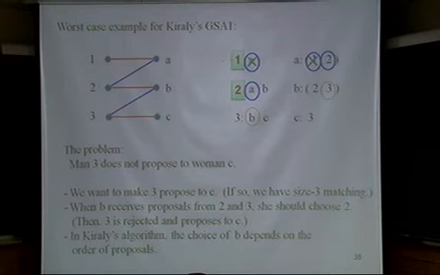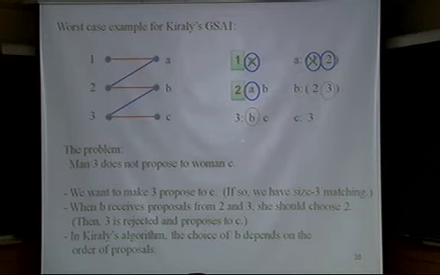But the optimal size is 3. Oh, sorry. So what we want to do is to make 3 propose to C. Then we have a size 3 matching. So what's the problem? When B receives proposals from 2 and 3, she selects 3.